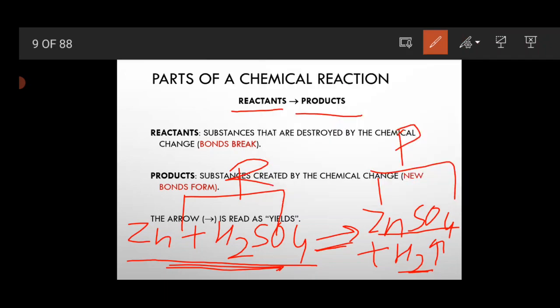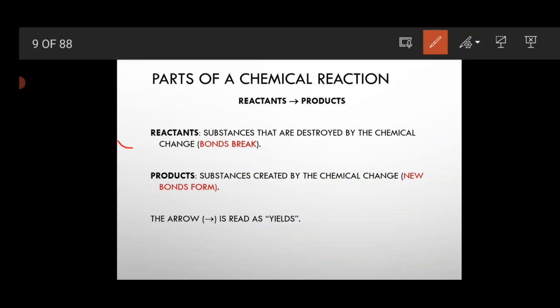In simpler language, the substances that are destroyed by the chemical change are called reactants, and the substances created by the chemical change are called products. Suppose A plus B are both reactants, and C is the product.